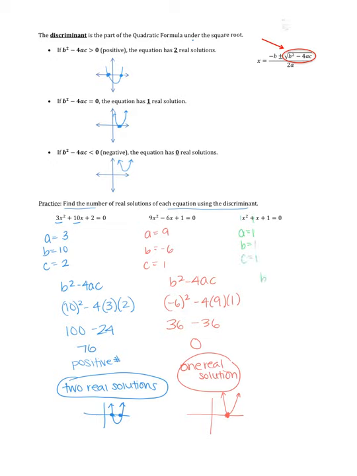Plugging that into our discriminant, b squared minus 4ac, we would have 1 squared minus 4 times 1 times 1, or 1 minus 4 times 1 times 1, which is 4, would equal negative 3. Because our discriminant is a negative number, we would have 0 real solutions, and that would be what we would write down. 0 real solutions.